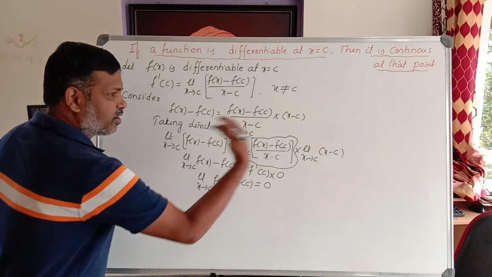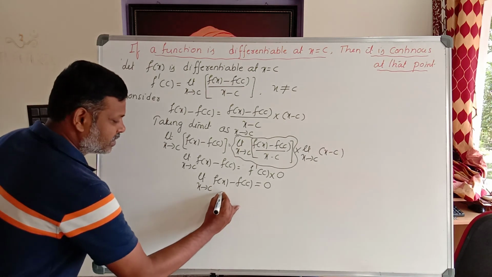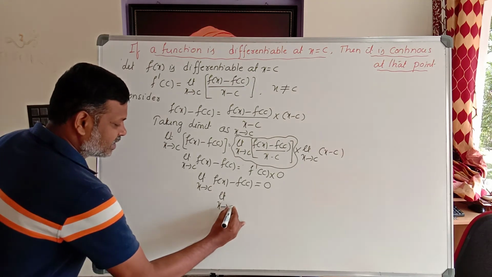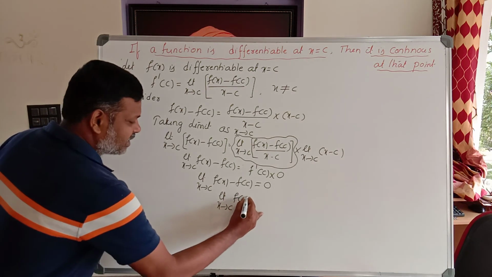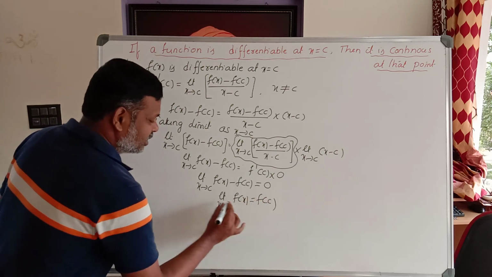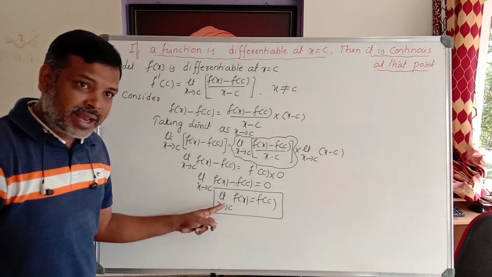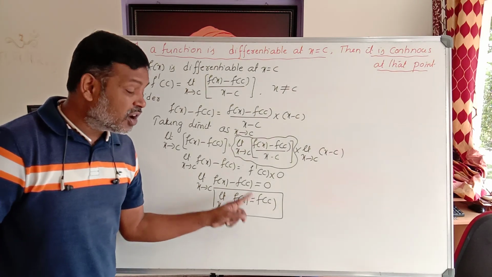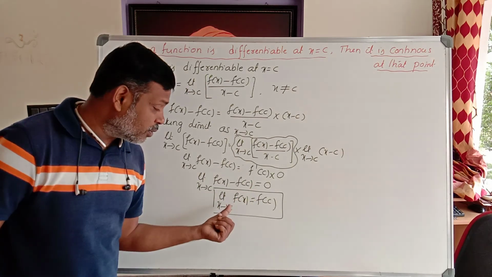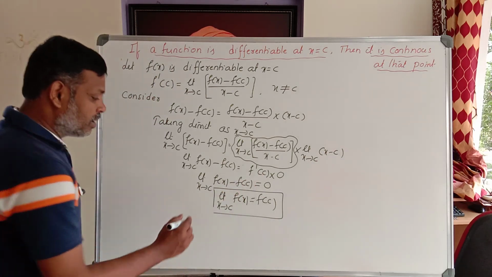So take minus f of c to the right side. What happens here? Limit x tends to c, f of x is equal to f of c. So now it shows that the limiting value of the function is equal to the functional value at the point x is equal to c.